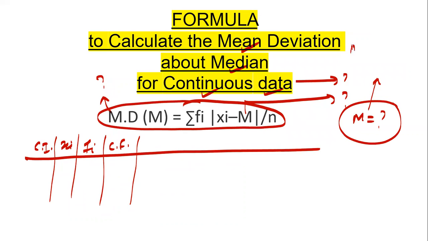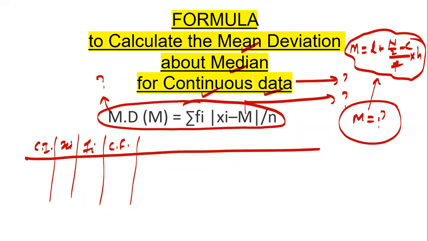You know the formula: median equals L plus (N/2 minus C) upon F into H. Using this formula, we will find out median. The next column would be the absolute value of xi minus M. Then next would be fi into the absolute value of xi minus M. My point is, if you know the formula, accordingly you can make the columns.